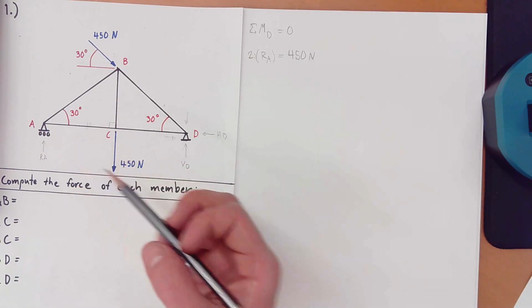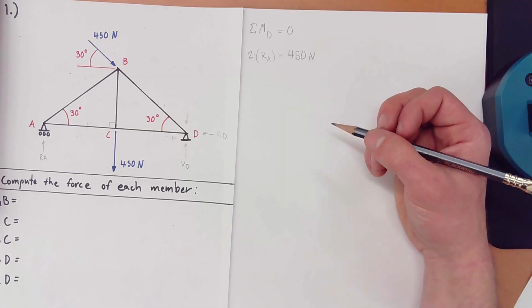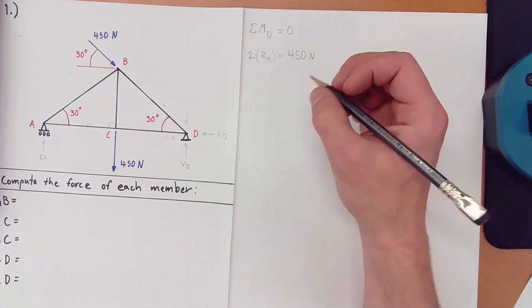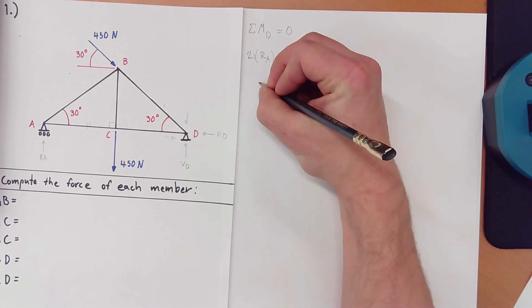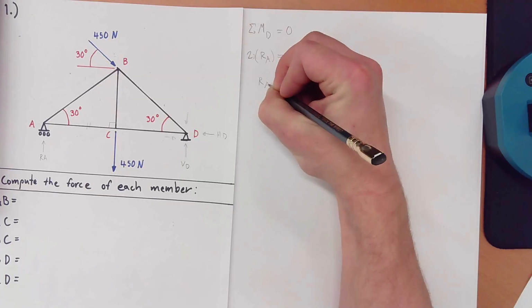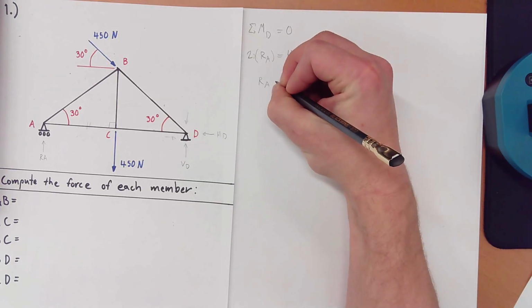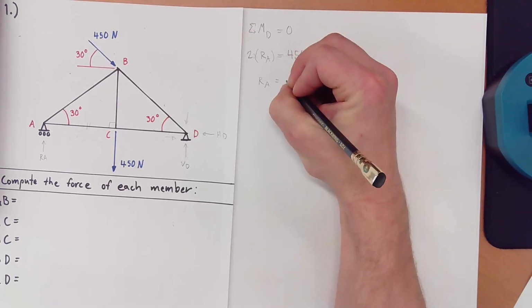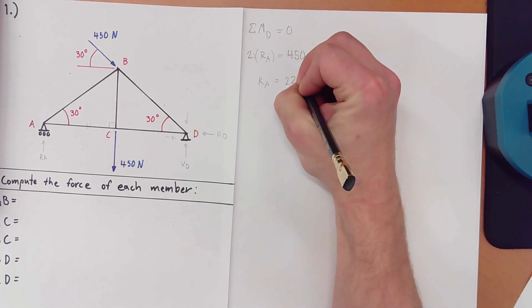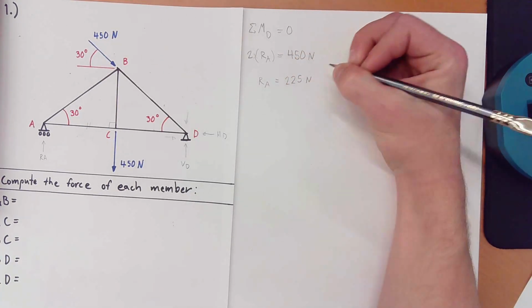Because it's rolling, it can be directly opposite. So what this will do for us, if we divide by 2, RA, the reaction of the support at point A, is going to equal 225 newtons.